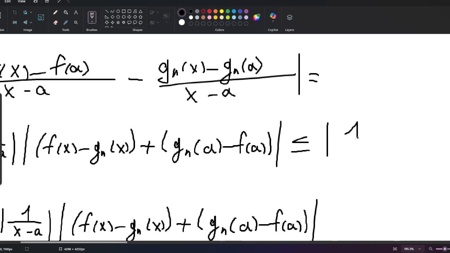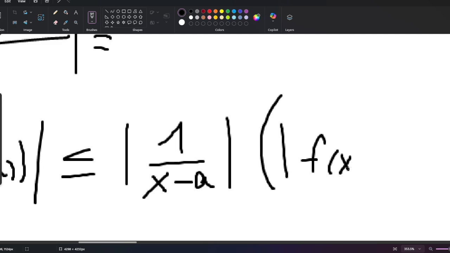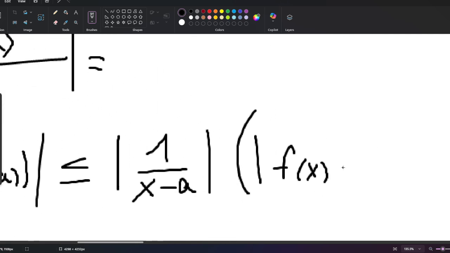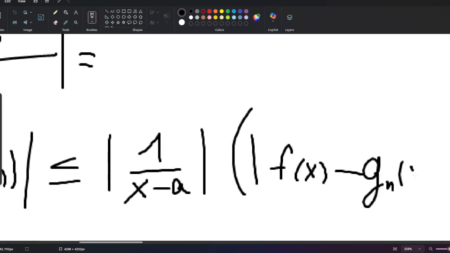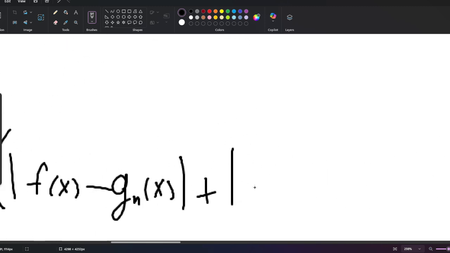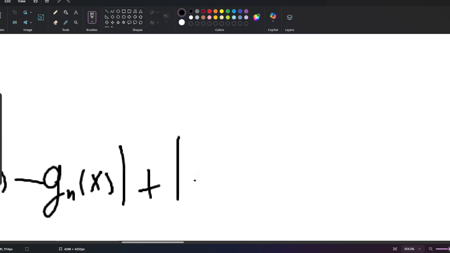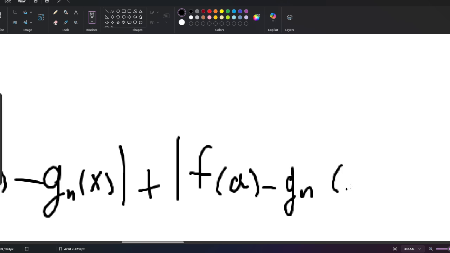To be more exact, we're going to say that it's less than or equal to the sum of the absolute value of f of x minus g n of x plus the absolute value of, okay, I can just rewrite it in the other order because it's absolute value, f of a minus g n of a.